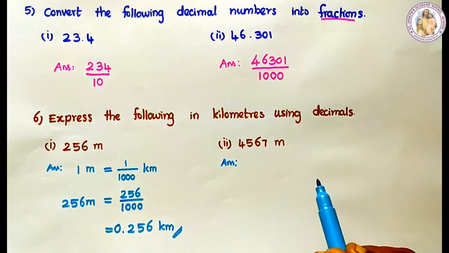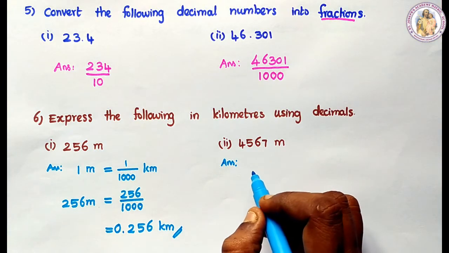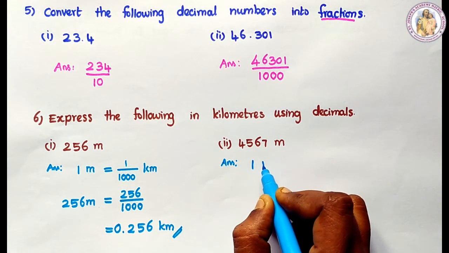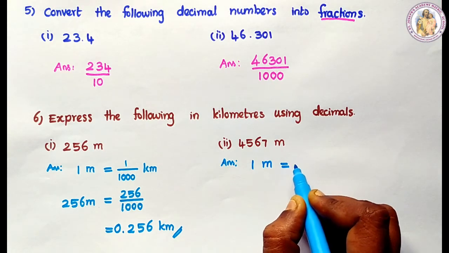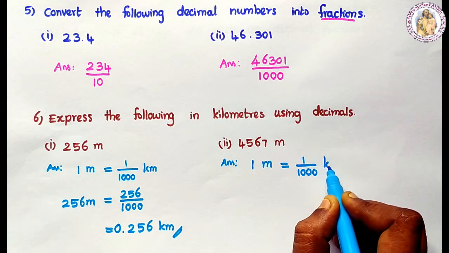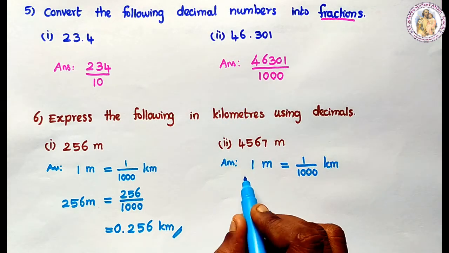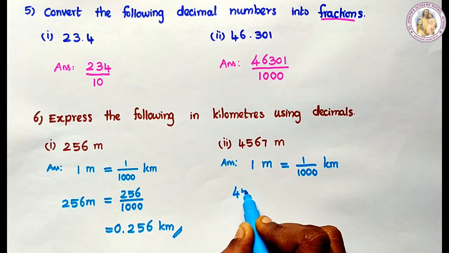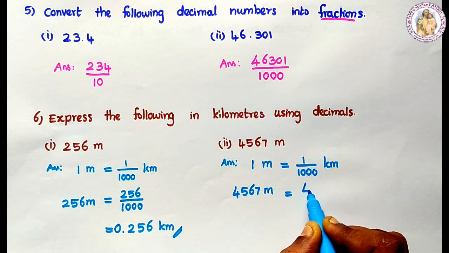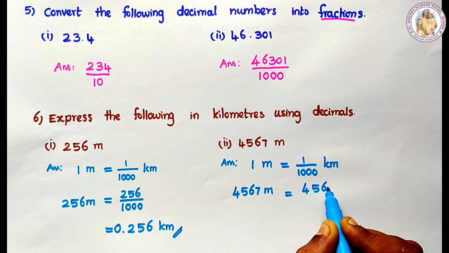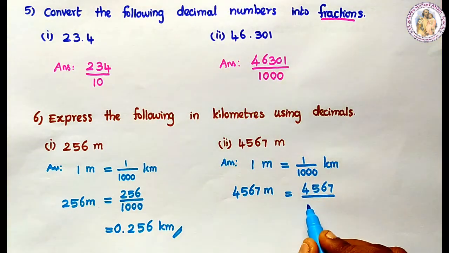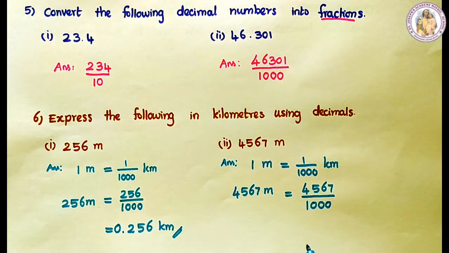4,567 meter. So write down in same procedure. 1 meter equal to 1 by 1000 kilometer. Now they given 4,567 meter. So 4,567 divided by 1000.